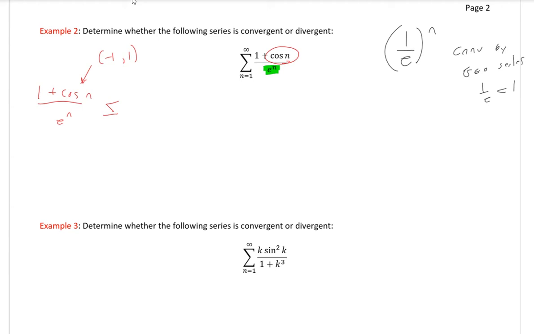And as we said, cosine goes between -1 and 1, so that means it's at most 1, so I should be able to say that this fraction is always going to be less than or equal to 1 plus 1 over e to the n, because cosine is itself at most 1.